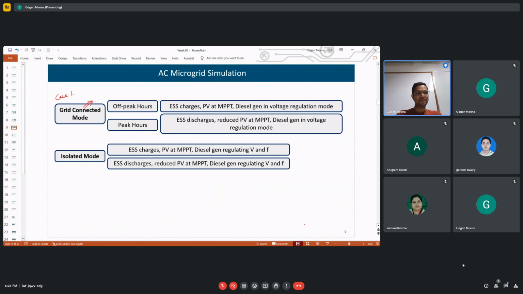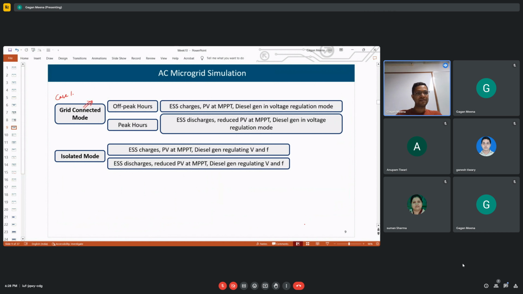So here we have to see, because of these three loads, one load is critical and two are non-critical loads. Yes, two are non-critical loads. So based upon the storage SOC, load will be curtailed. If the SOC is high, all the loads can be met. As the SOC goes down, we have to curtail one load, starting with the non-critical load.